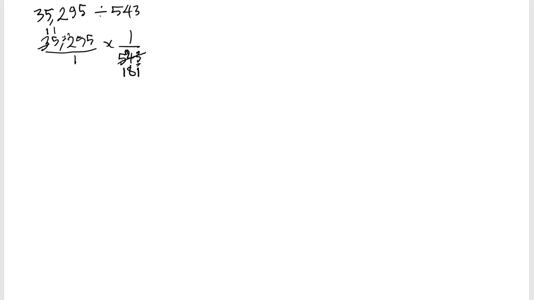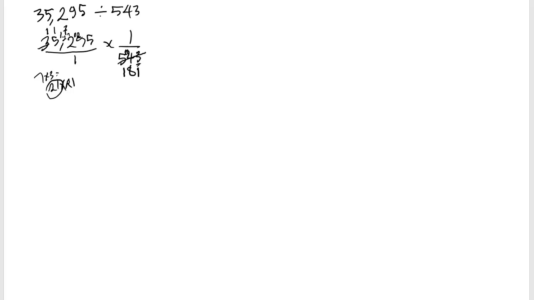That means 3 in 22 can only give us 7, remainder 1, because 7 times 3 is 21. So with remainder 1, you take it to the 9, that's 10 plus 9, so that's 19.